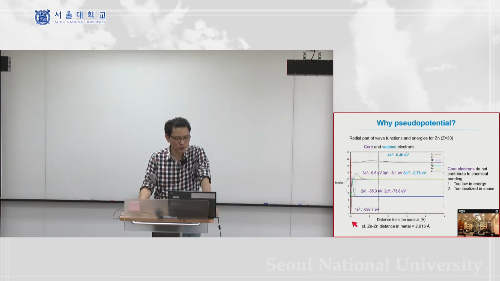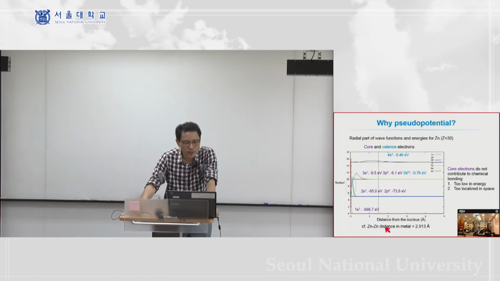So 0 is the center of the zinc atom, and this is the radial distance from the nucleus. This is the 1s orbital, this is the 2s orbital, this is 2s and 2p, this is 3s and 3p, this blue one is the 3d orbital, and this is the 4s orbital.